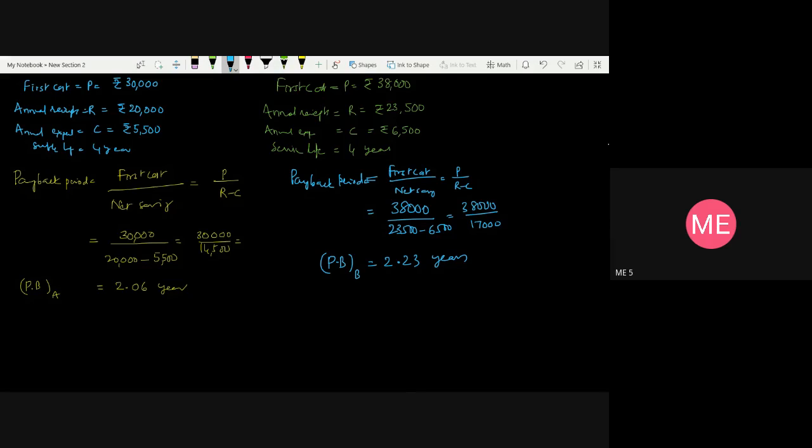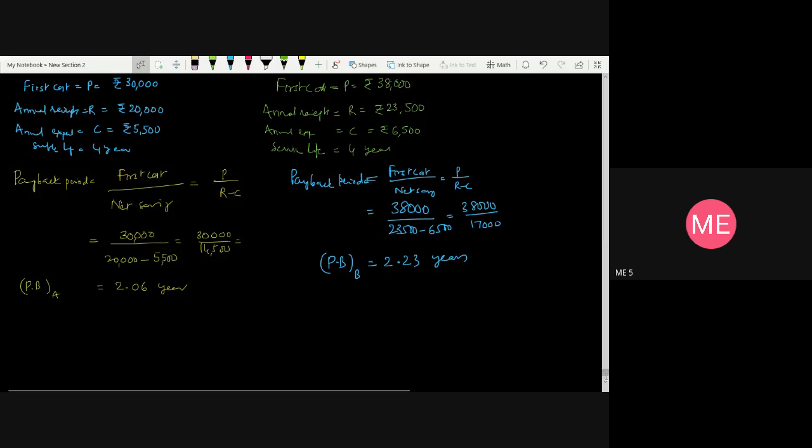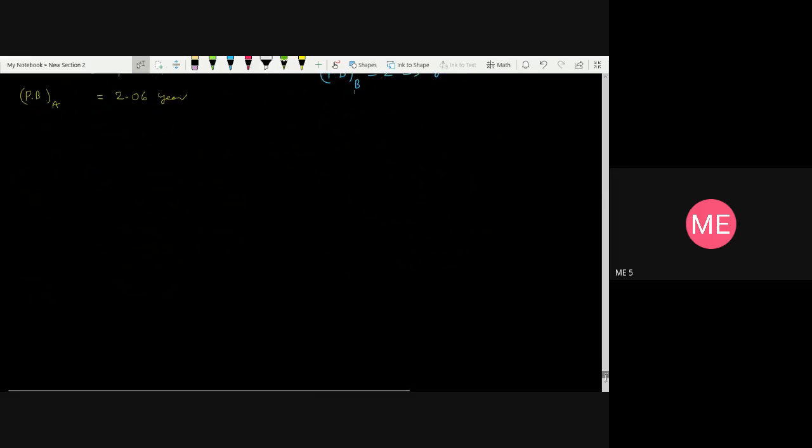Similarly, I'm going to calculate for machine C. We have the first cost, P, which is rupees 42,000. Write the data.